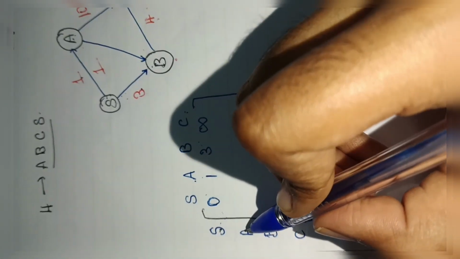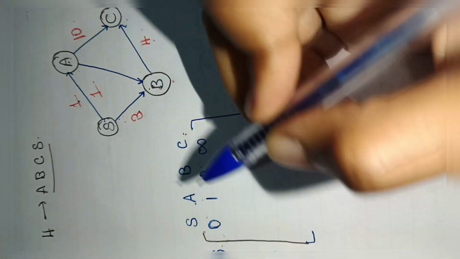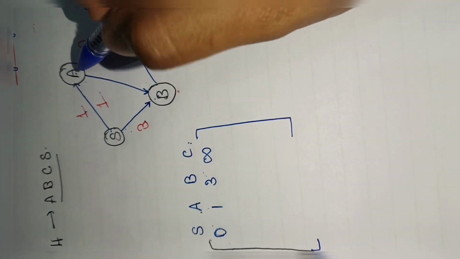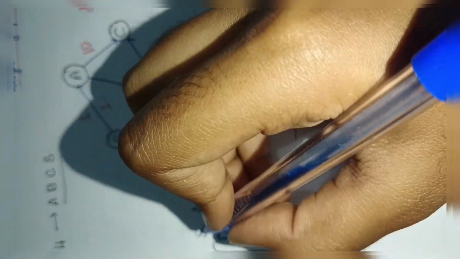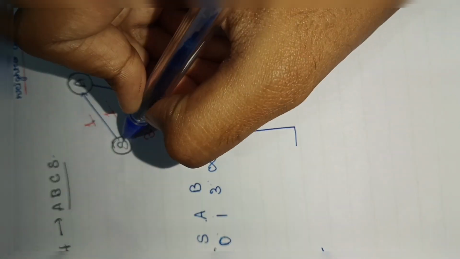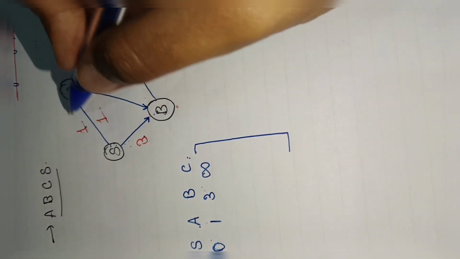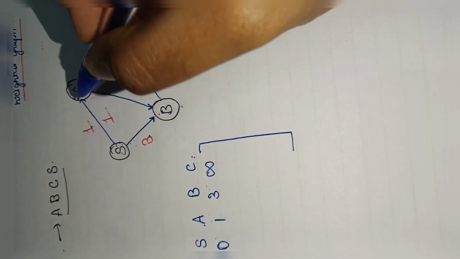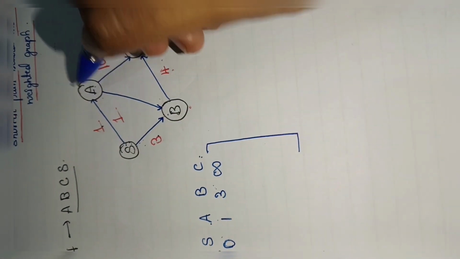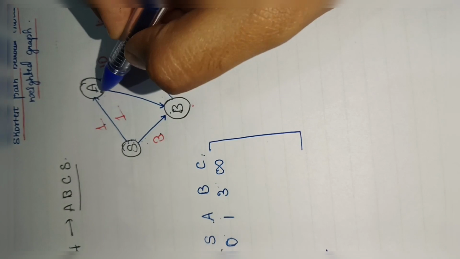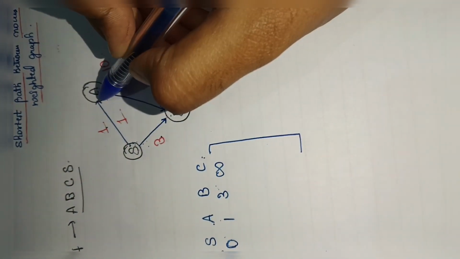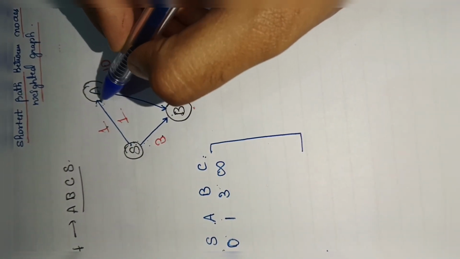So we'll be checking for A. So for A, it is again from A to S. From A to S, it is connected, but it's not direct. See, there's no arrow mark or connection from here to here. It's only towards one side, and the arrow mark is directed towards here.